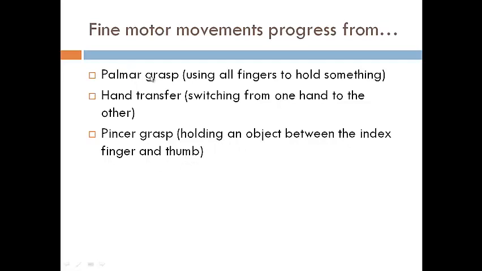So it basically means that at the initial stages of development, they start off with a palmar grasp, and then once the CNS develops even more, they progress to hand transfer, and then finally, when the full development has been achieved, they use a pincer grasp. Now, obviously, if there's something wrong with their vision, they won't even reach this stage.